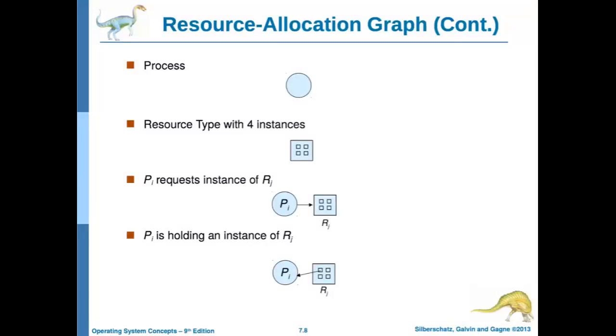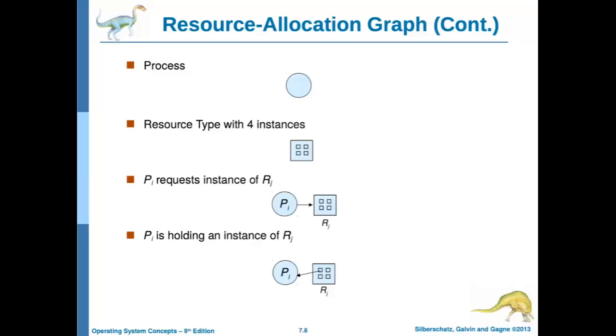Okay, fine. So let us continue our discussions on deadlock. We started with the resource allocation graph, where processes are denoted by circles and resource types are denoted by squares. Whenever there are multiple instances of the same resource type, that will be denoted by small squares or small circles inside it.